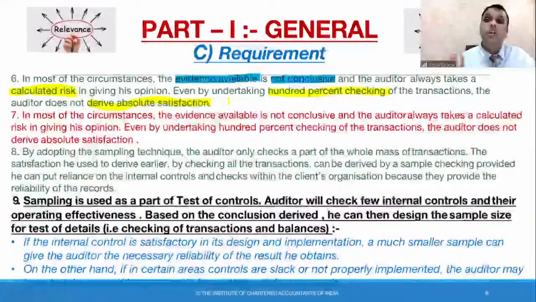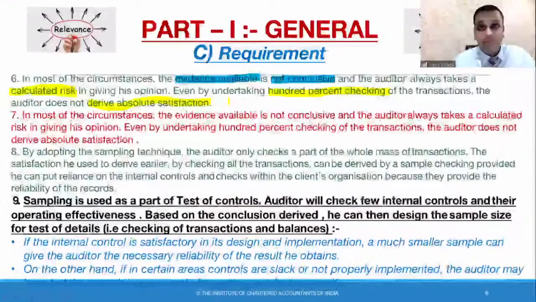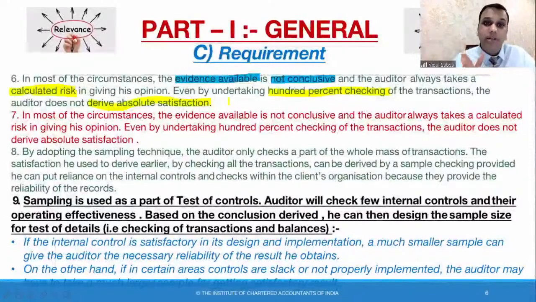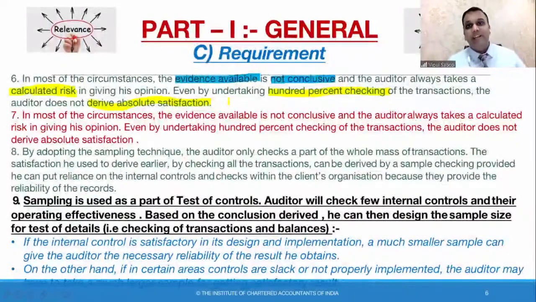Absolute means in whole terms. So, opposite of conclusive is reasonable. The auditor gets reasonable evidence, reasonable satisfaction, not conclusive, that he can vouch upon the result. He can take guarantee? He can never.